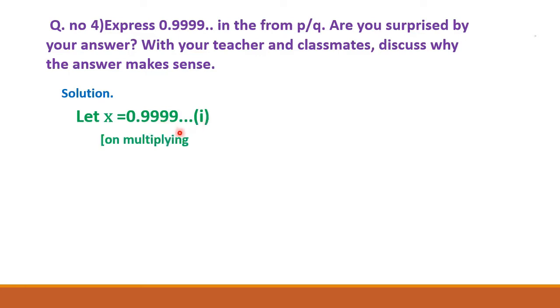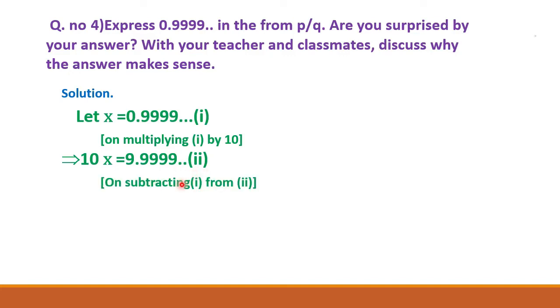On multiplying equation 1 by 10 implies 10x is equal to 9.999 and so on. This is equation 2. On subtracting equation 1 from equation 2 implies 9x is equal to 9. Therefore, x is equal to 1. Yes, we are surprised by our answer.